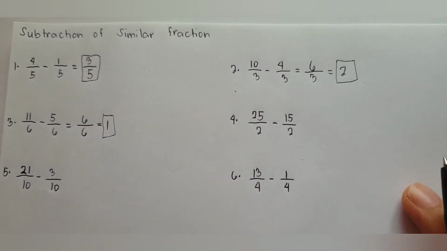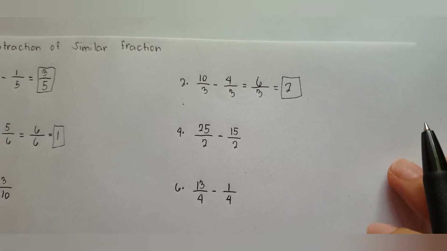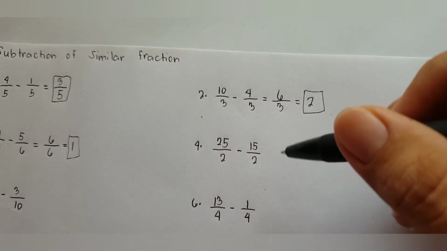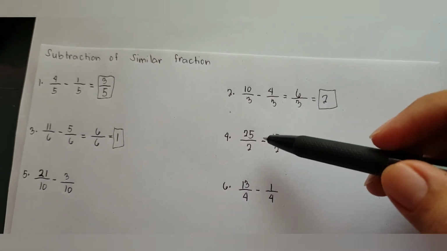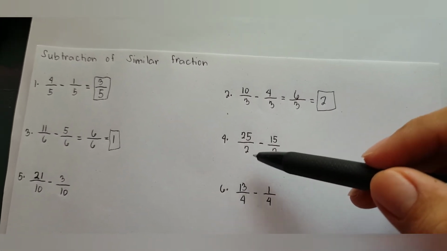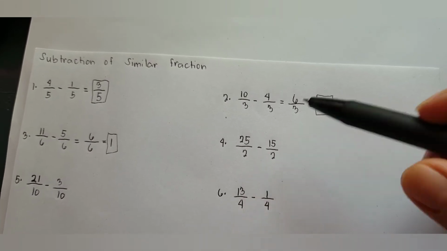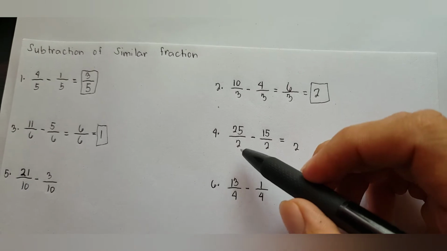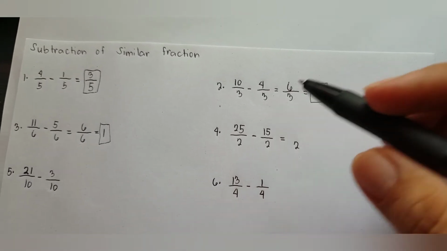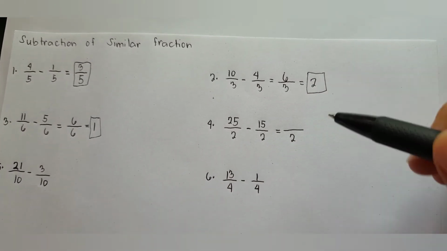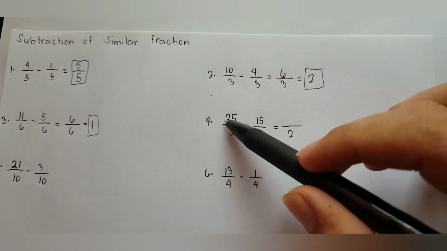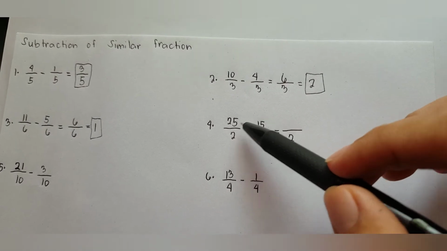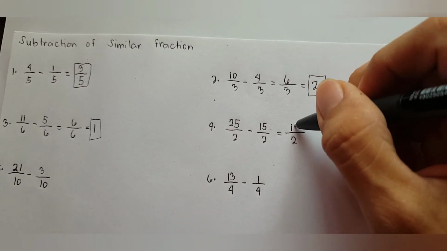Let us proceed to example number 4. We have these fractions, 25 over 2 and 15 over 2. Again, to subtract fractions with the same or similar denominator, just copy the denominator. In this example, we have 2 as our common denominator, so copy it. Then simply subtract the numerators: 25 minus 15 is equal to 10.